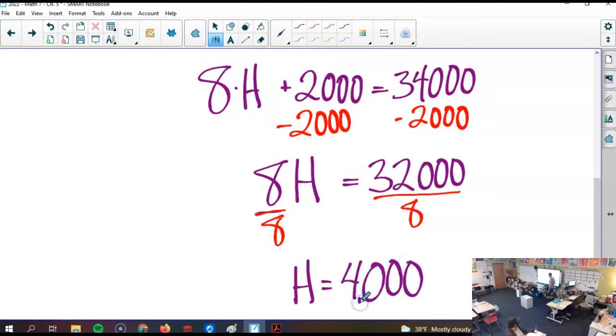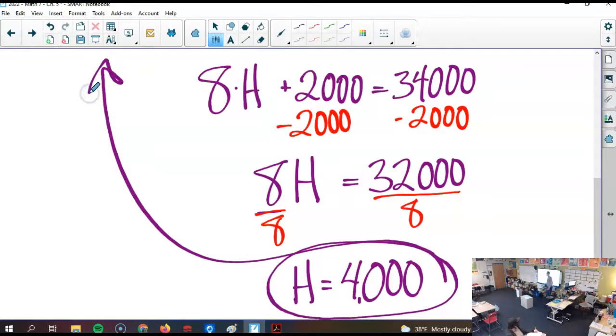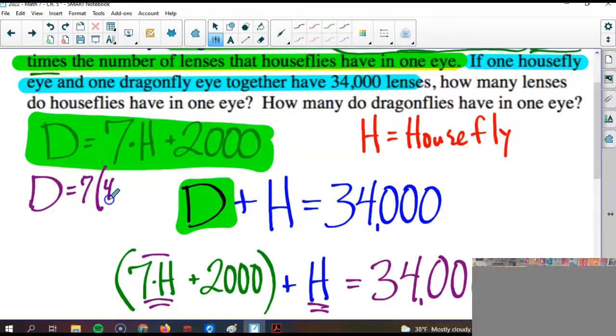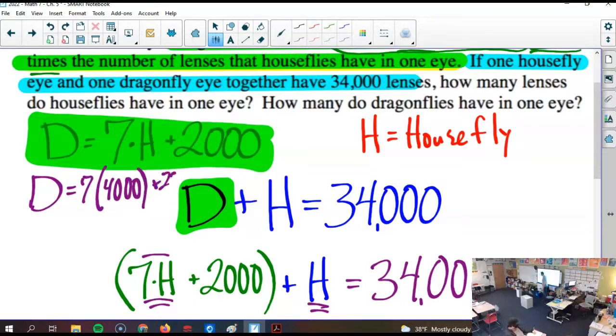We're not done. What does step 5 tell me to do? Lucas? Go back up to the top. Because H isn't the only thing I'm trying to figure out. I need to figure out D. So if D was 7 times H, wait, what did we just say H is? 4,000. Plus 2,000 more.